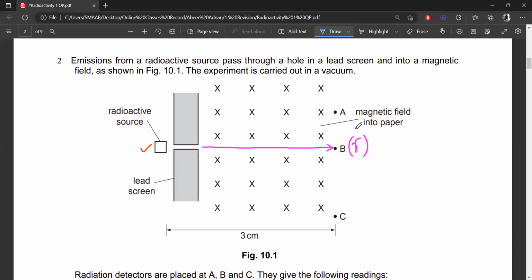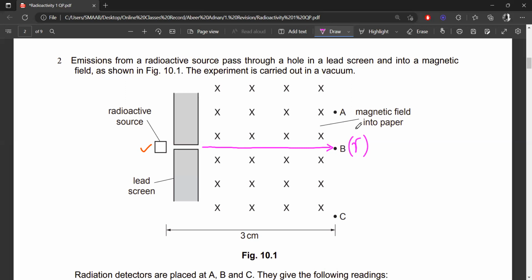Could it be another ray from the electromagnetic spectrum? Okay, but now we have a radioactive source, so we need to identify them in terms of alpha, beta, and gamma, the radioactive radiations, right? If you remember, we talked about the properties of alpha, beta, and gamma.